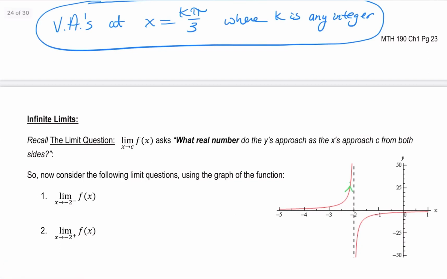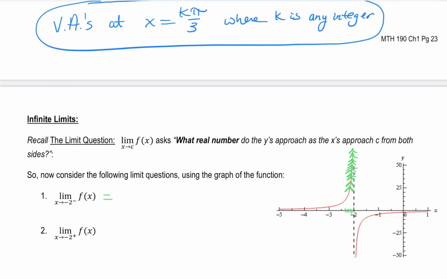So as I am getting closer and closer, traveling along my function, approaching -2 from the left, we're getting closer and closer to -2 from the left, but traveling along the function. Well, these values just continue to get bigger and bigger and bigger. And so we might say that these values are going to infinity.